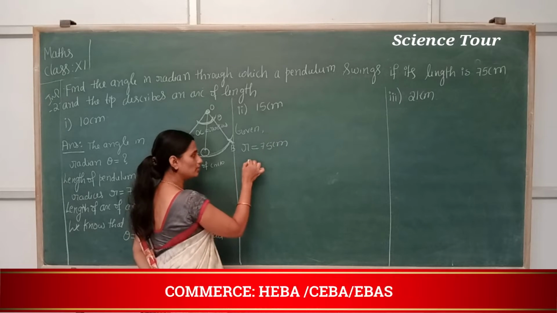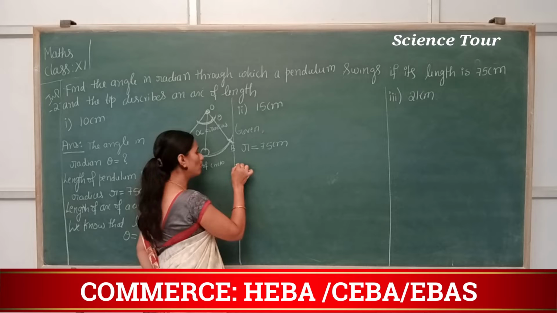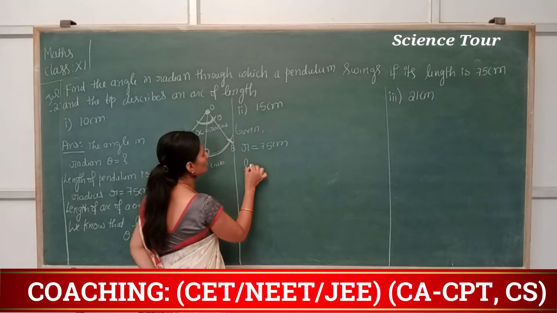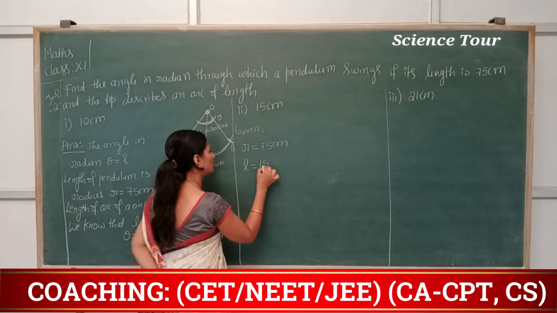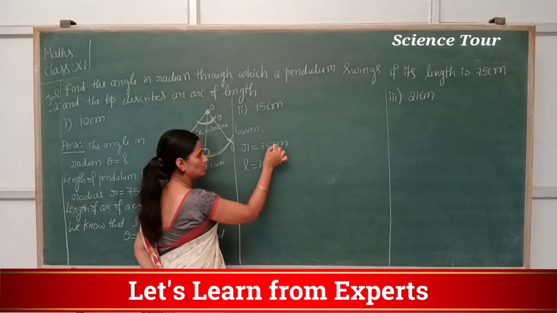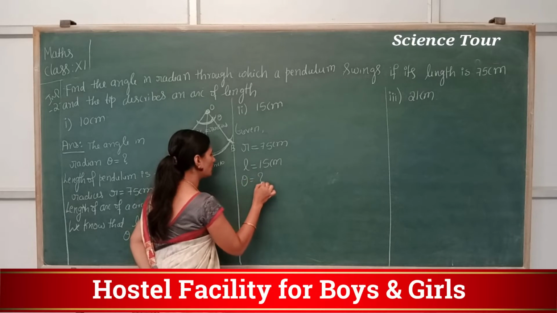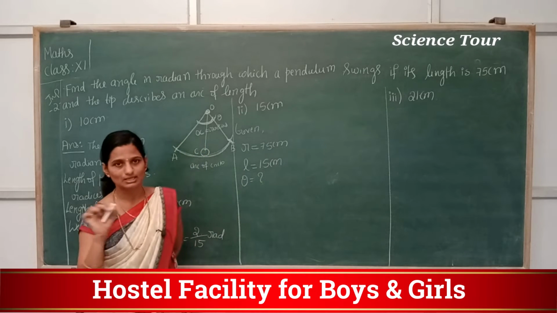Next, the tip of the pendulum describes an arc of length L, which is 15 centimeter. See the unit, centimeter and centimeter, and theta is question mark. Find the angle theta.